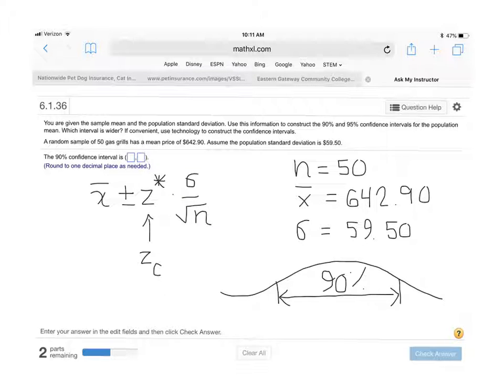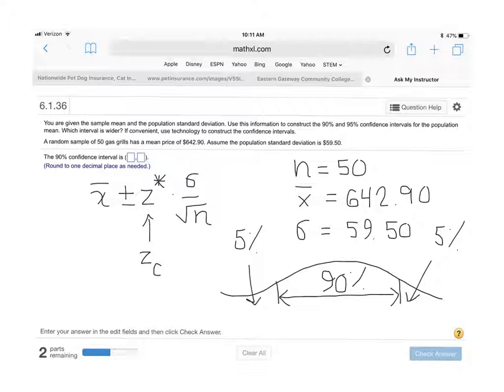If you're capturing the middle 90%, that means you're leaving out 10%. Half of that 10% is in this lower tail, and half is in this upper tail.